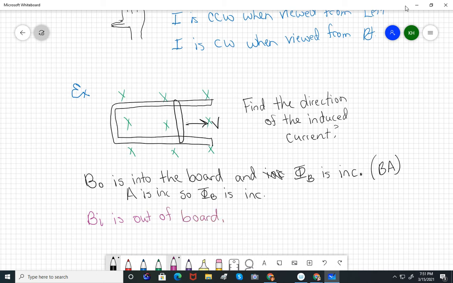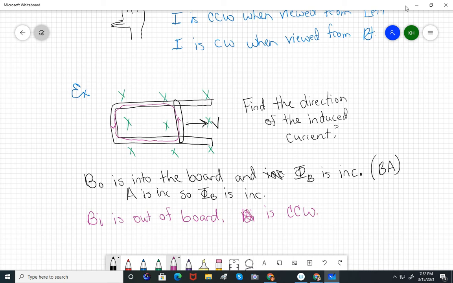Take your right hand. If your thumb needs to point out of the board, the only way to have my thumb pointing out of the board is if the current is flowing this way. So you picture your thumb sticks at your face, your fingers are curling. So the current is counterclockwise.